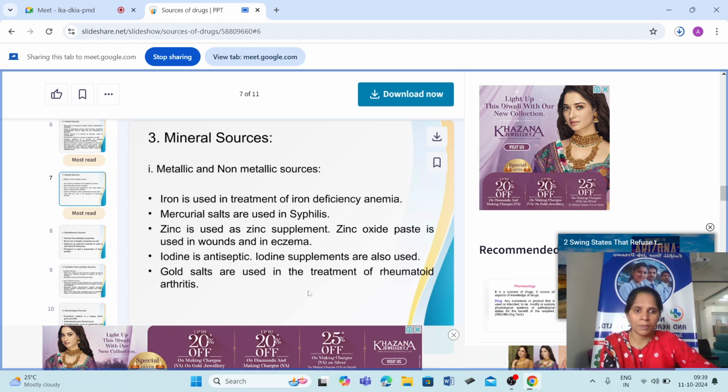So for that purpose, doctors are going to give some medication related to that, and these medicines are of which origin? Mineral origin. Now let us see the different sources of drugs from minerals. One is metallic and non-metallic sources. First thing is iron.